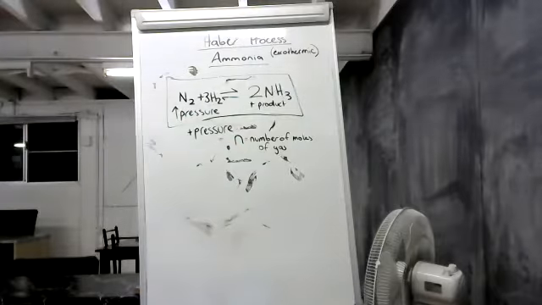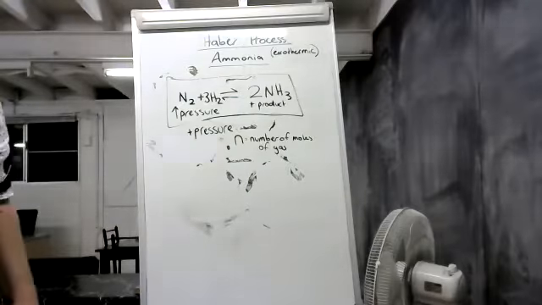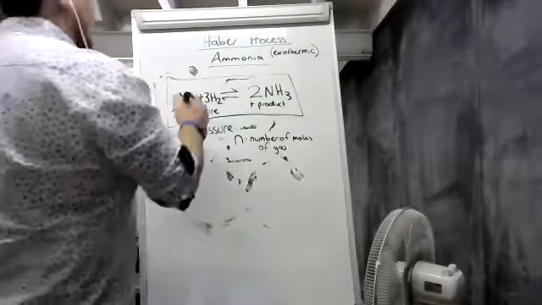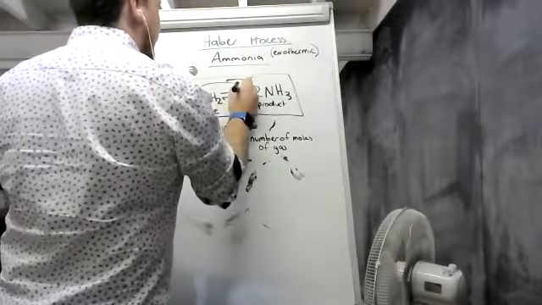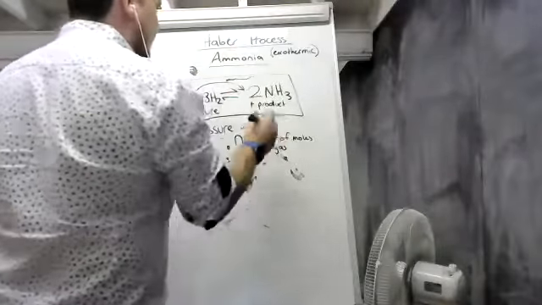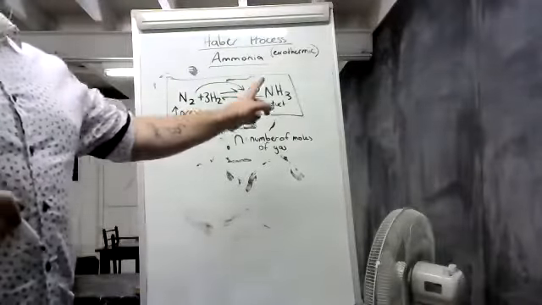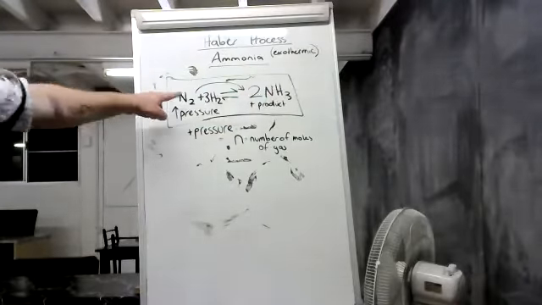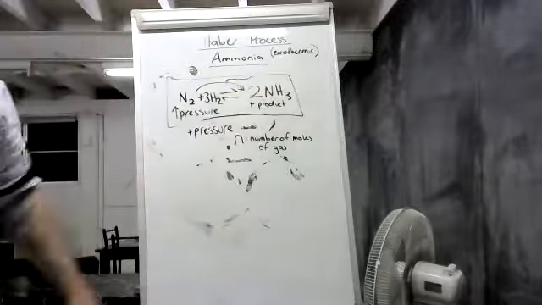You are correct, but why? It's going to push the reaction in the forwards direction because there's less moles of gas on this side. There's 4 over here and there's 2 over here.